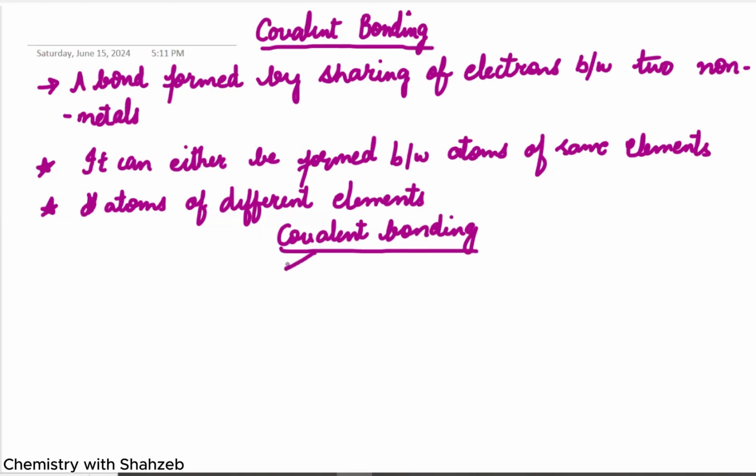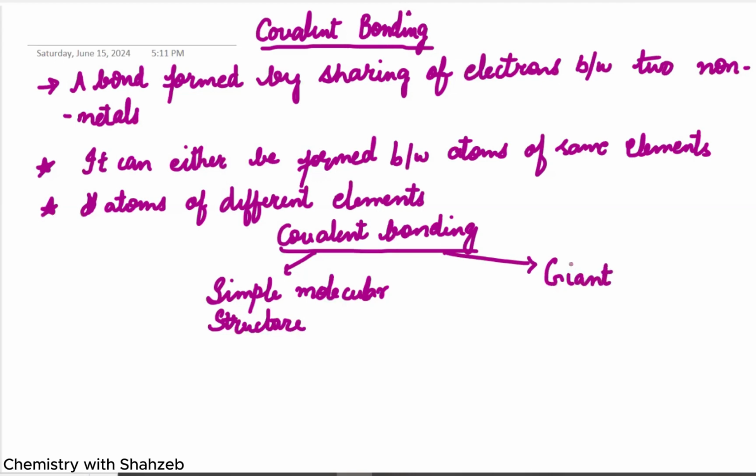Either it can exist as simple molecular structure, and most of the non-metals have covalent bonding in simple molecular structure. While there are some elements which possess giant molecular structure.